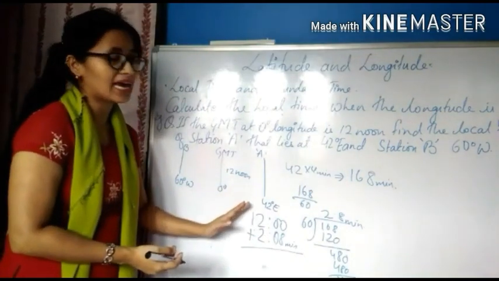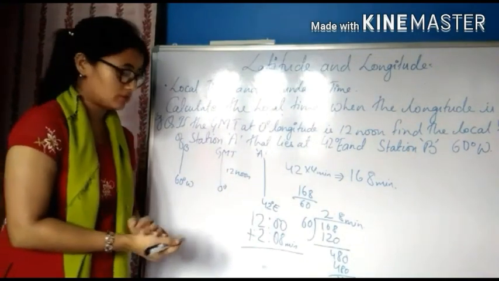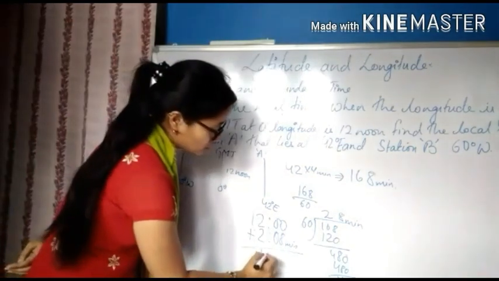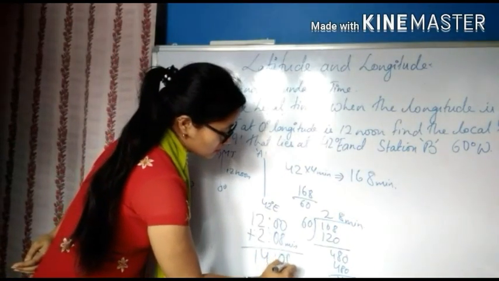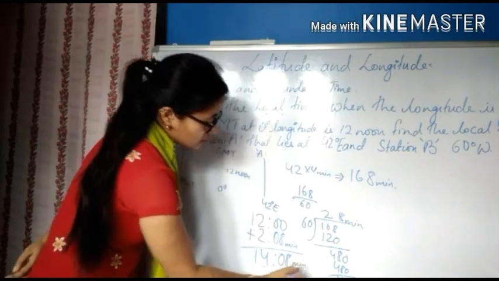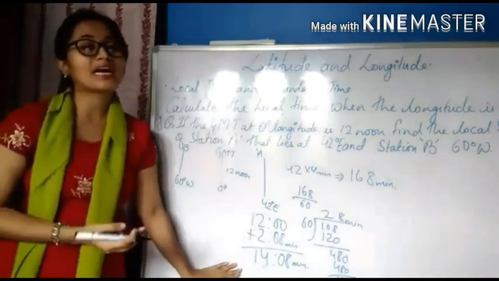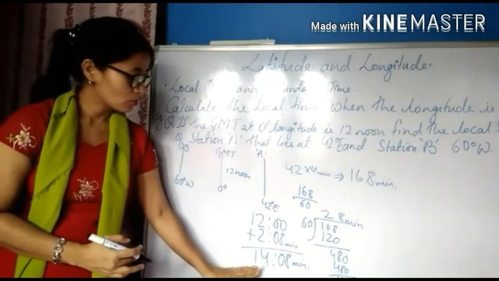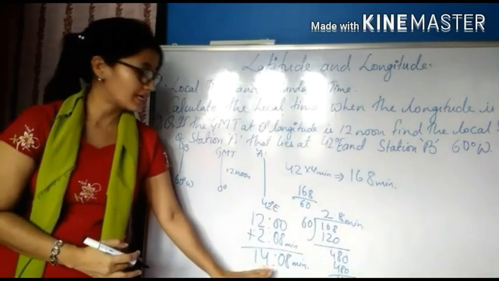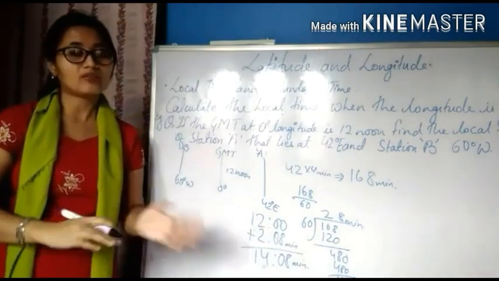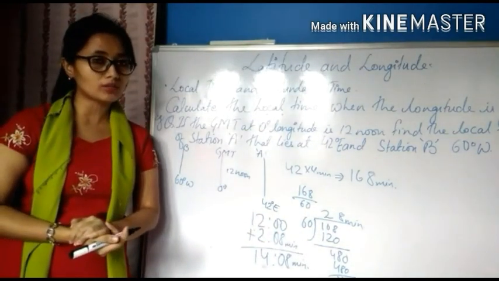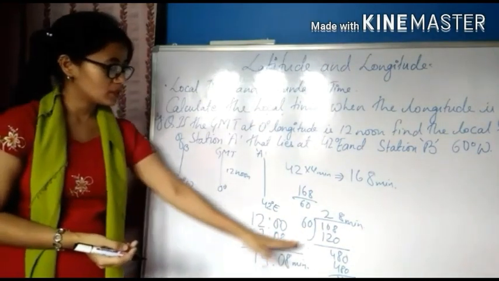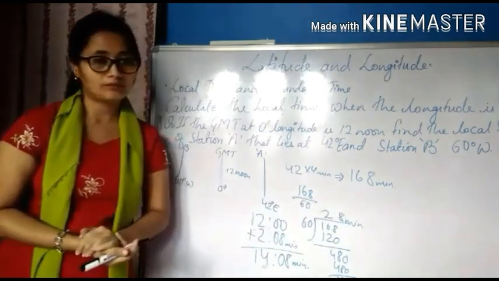Because station A lies in the eastern hemisphere. So how much did you get? 14:48. So if you calculate the time in 24 hours, the time will be 14:48.